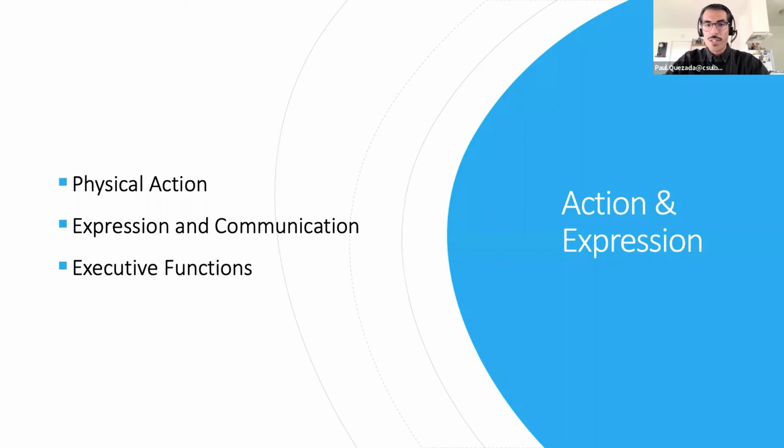Moving over to expression and communication. There is no medium of expression that is equally suited for all learners or for all kinds of communication. On the contrary, there are media which seem poorly suited for some kinds of expression and for some kinds of learning. While a learner with dyslexia, for example, may excel at storytelling and conversation, they may stumble and falter when they're telling the same story in writing.